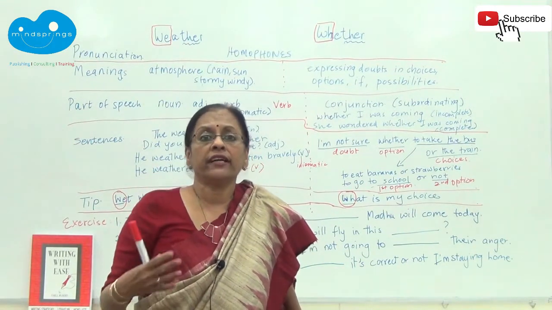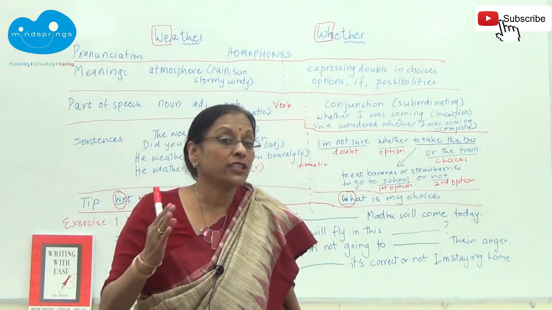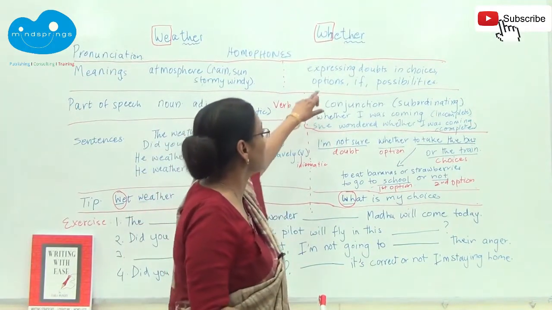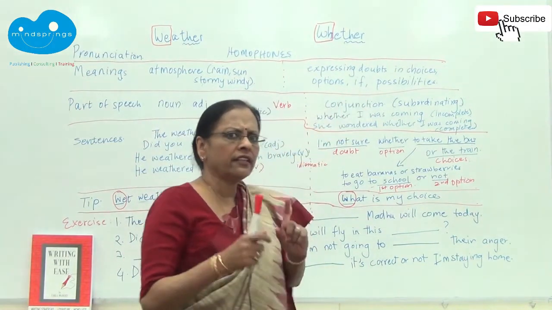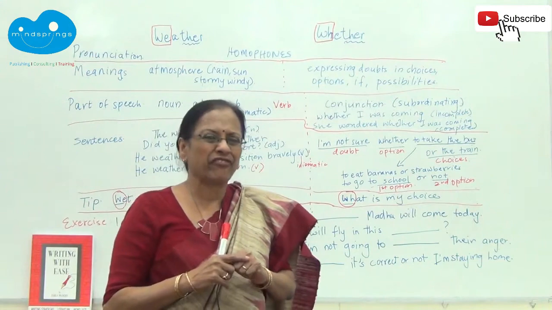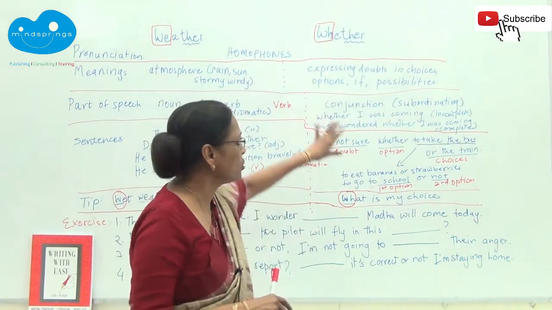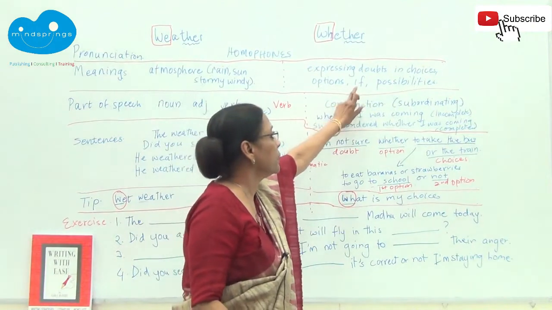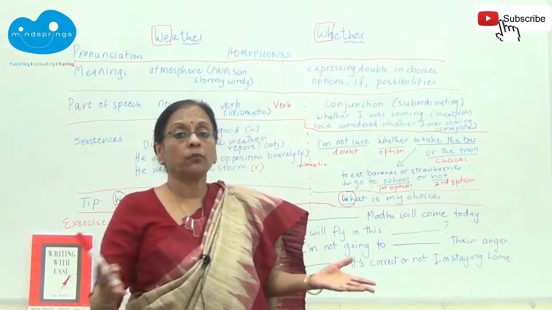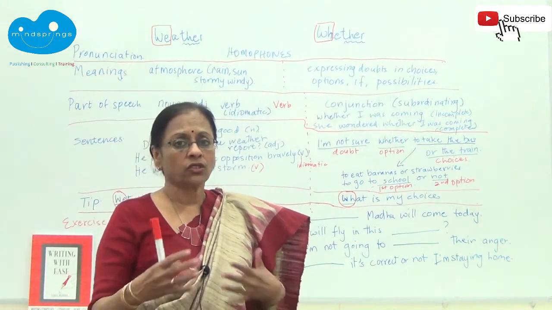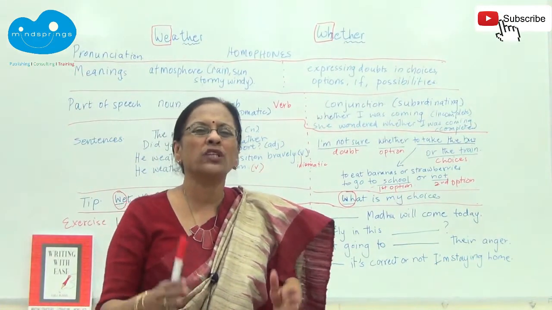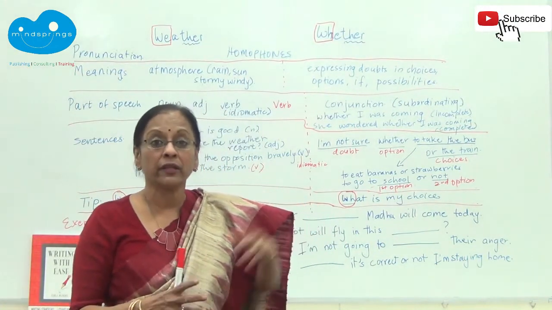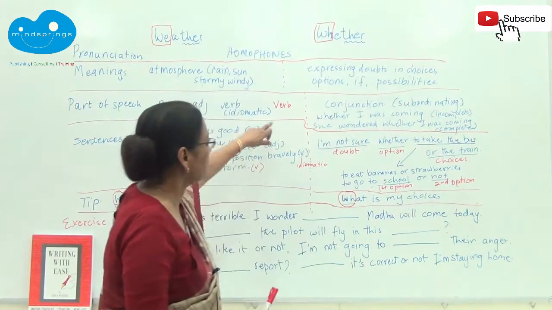All the time we have these kinds of doubts in choices or in options. Also, whether can be interchanged with the word if, right? If is also a conditional, but there's nothing wrong if you interchange whether with if, and it's about possibilities. So whether has got all these meanings, but just remember the word choice and you will be fine with whether.